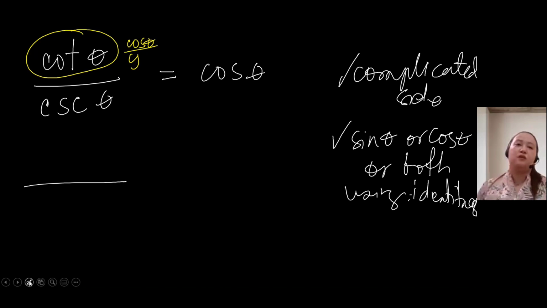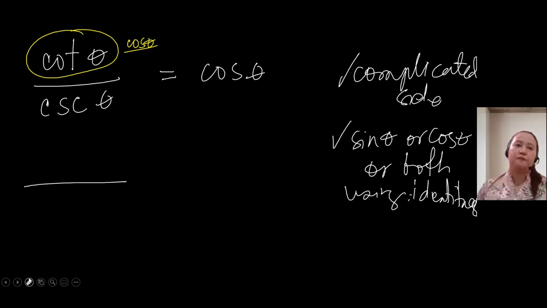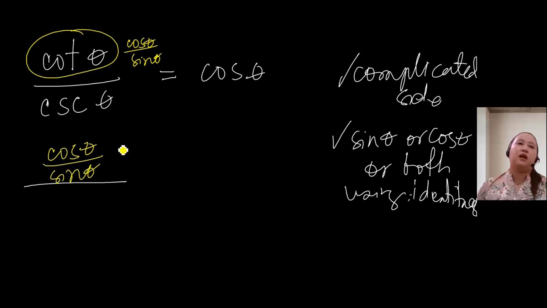So again, your goal is to write it in terms of sine or cosine or both. So we have cosine theta over sine theta. And then the cosecant theta, using reciprocal. That is the reason why you have to memorize the identities.